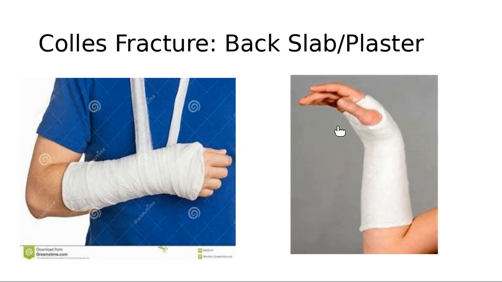Because the wrist has been in a plaster for 6 weeks, you do expect a certain amount of stiffness of the wrist. And that's why we send our patients to get physical therapy.